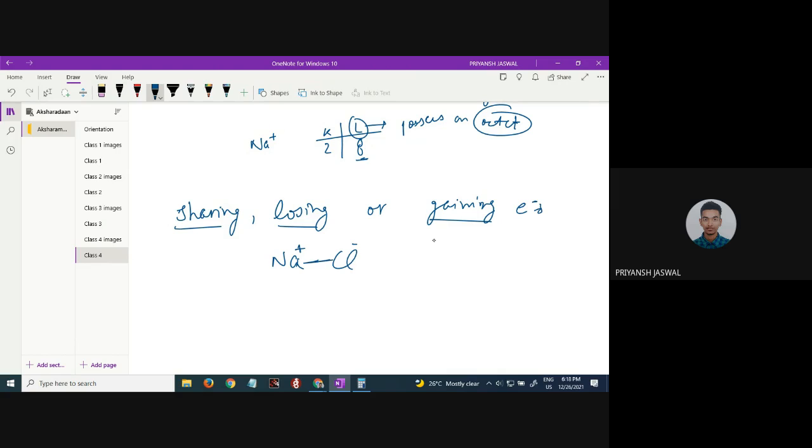It is an ionic bond. You don't have to worry about the ionic bond itself for now. Just look at the number of electrons. Here, sodium passes its 1 electron to the chlorine. So sodium loses 1 electron to attain stability, and chlorine gains 1 electron to attain stability.